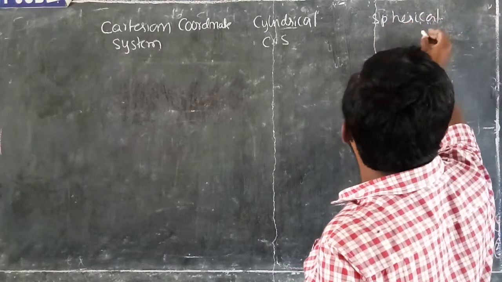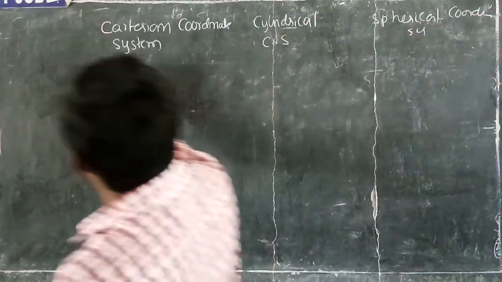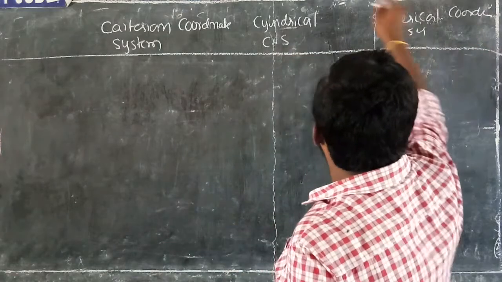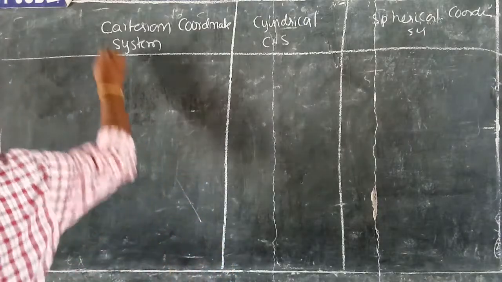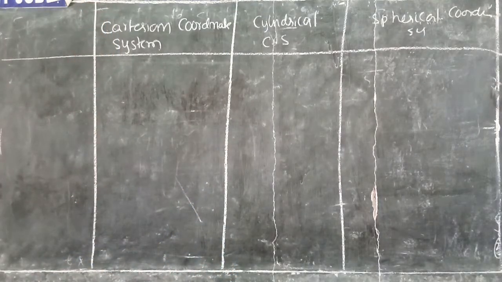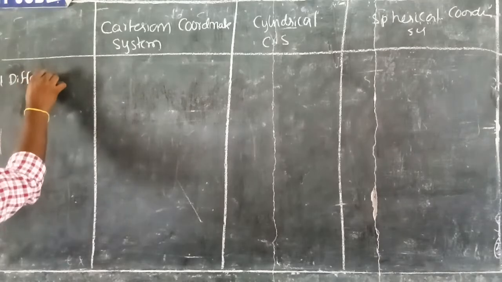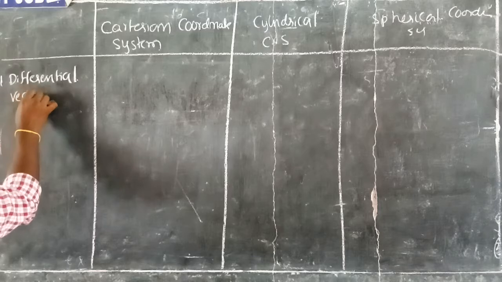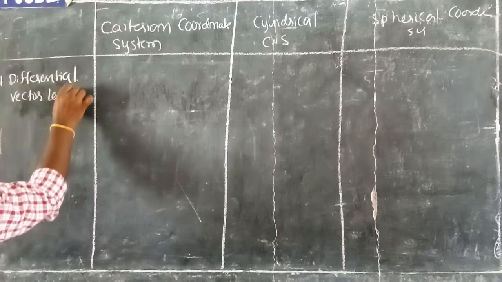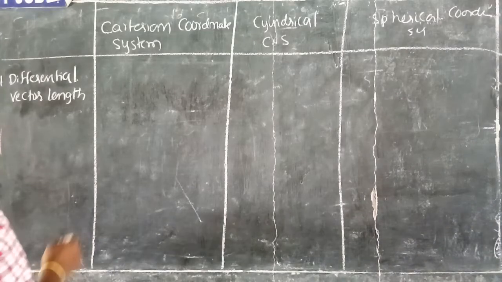Very important. First of all, I am writing here the formula for the differential vector length. This is the differential vector length in the Cartesian coordinate system.